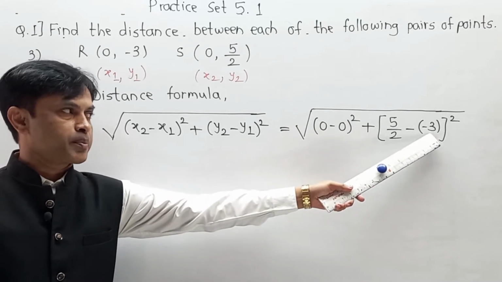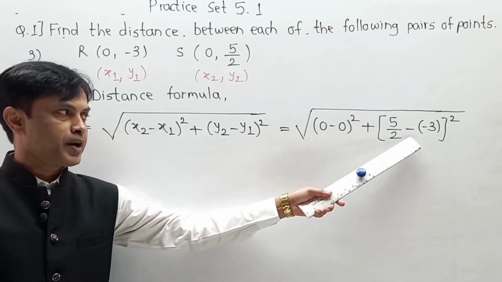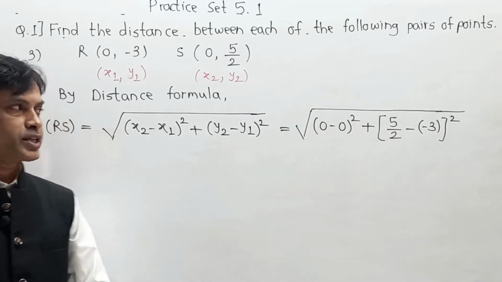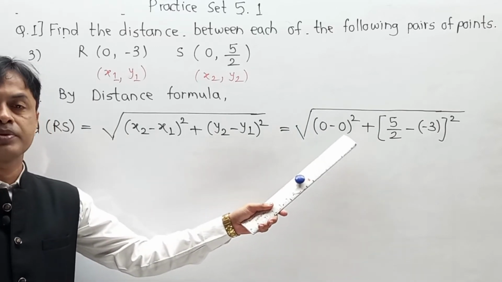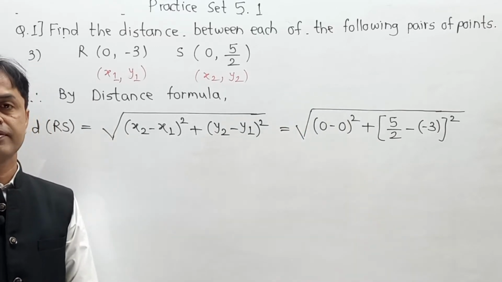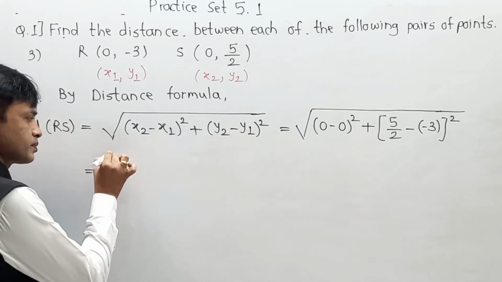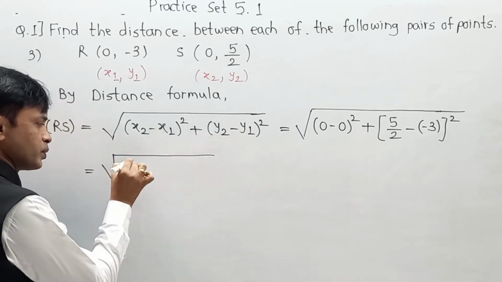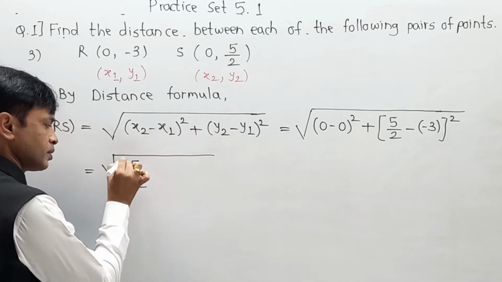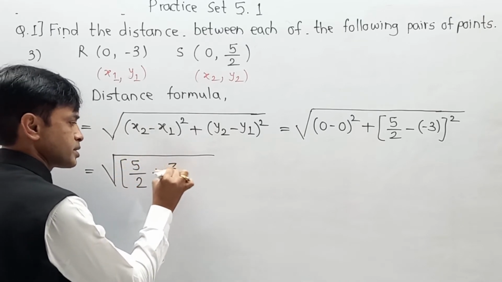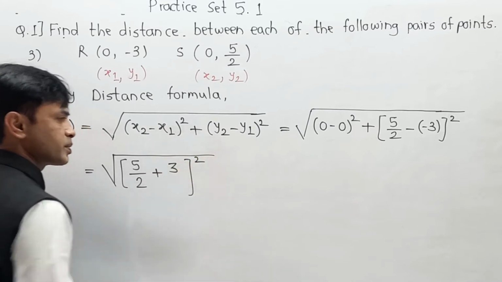We know that minus of minus means plus, so it becomes 5/2 plus 3 squared, and 0 minus 0 means 0, and 0 squared is itself 0. So our simplified step becomes 5/2 minus of minus, that is plus 3, squared.